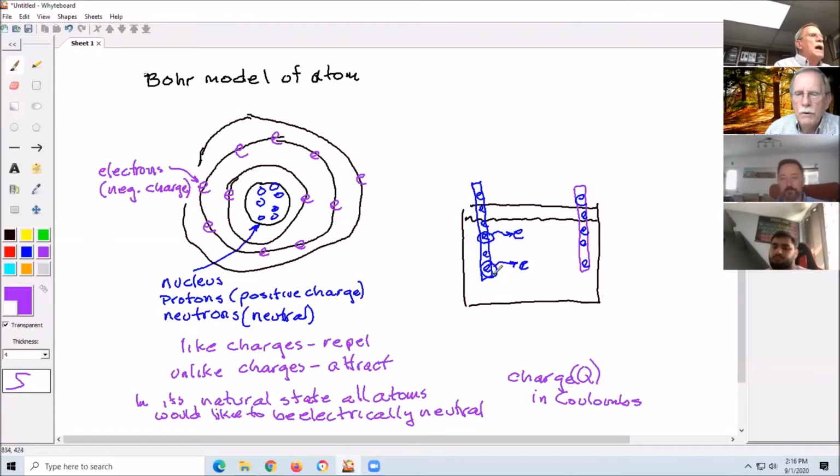Okay, so like charges repel, unlike charges attract. Going back to our battery for a minute. We had this plate, had all of the atoms had the same number of protons, same number of electrons. The chemical reaction caused this electron to get yanked away from the atom in the plate and go into solution.